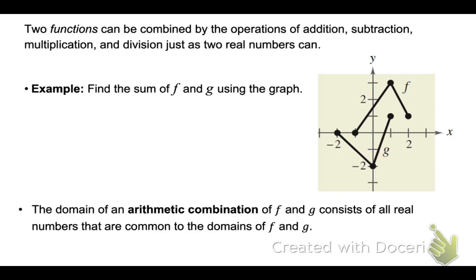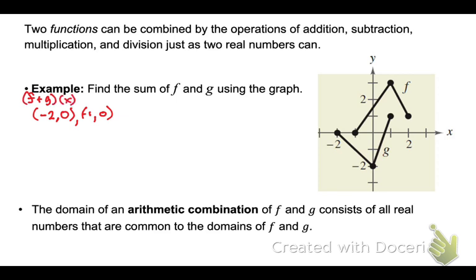So if I take the points and I add them together, okay? We'll add them together. So we have -2, 0, -1, 0. Actually, I should write what I'm doing. F plus g of x.